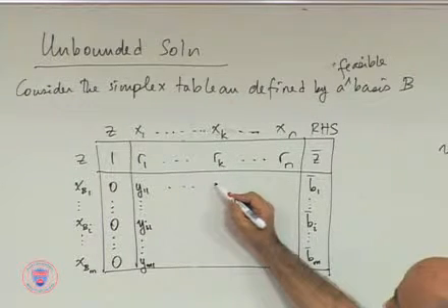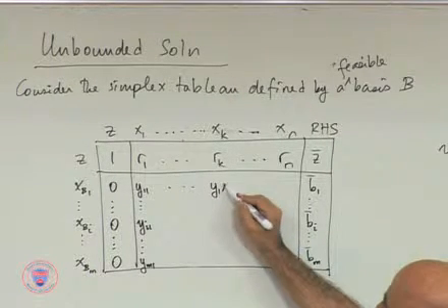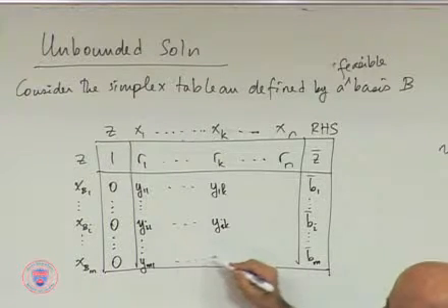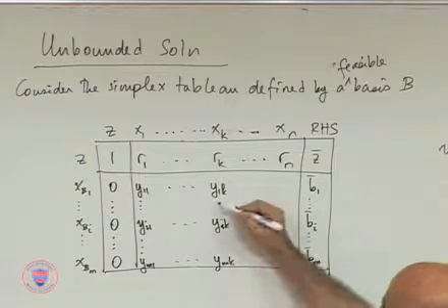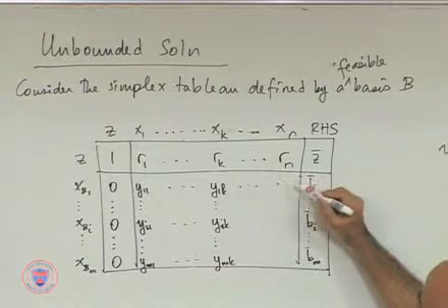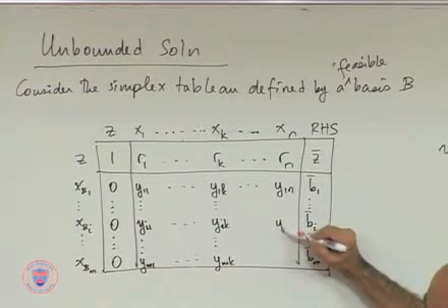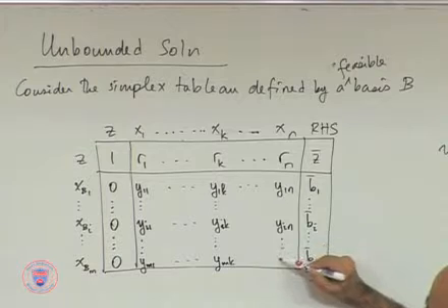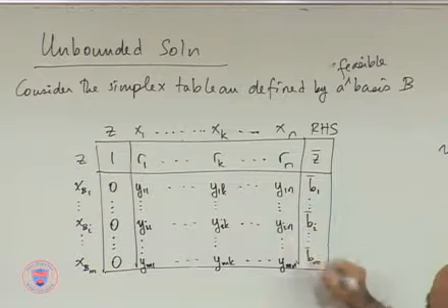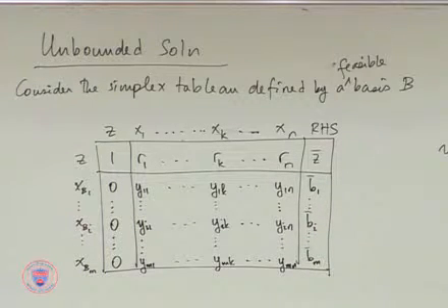For the kth one, we have y1k, yik, ymk. Similarly, for the last one, y1n, yin, ymn. Like that, okay? This part, the y part, is B inverse A. That's it.